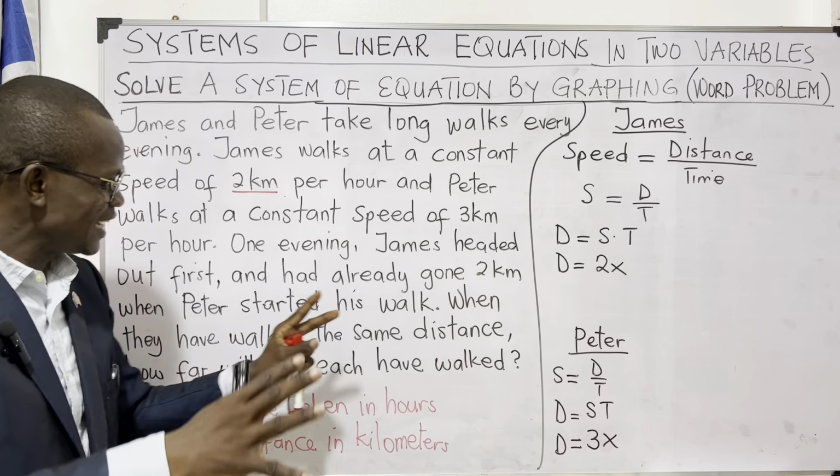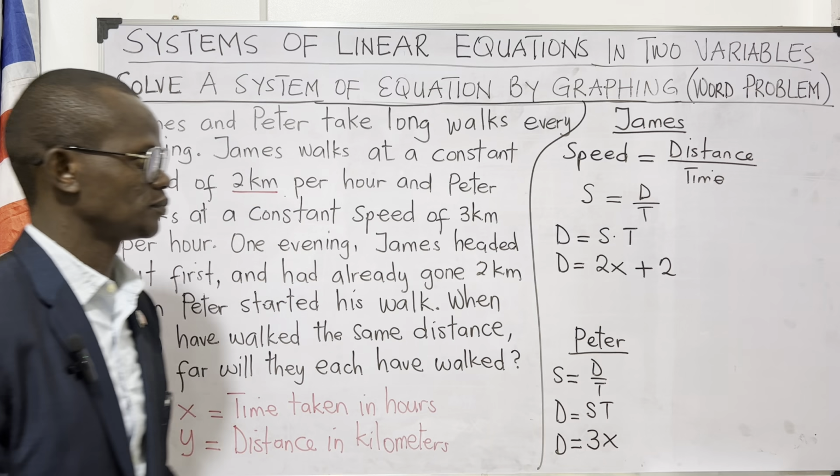They did not say he had a speed. So his additional distance was just equal to 2 kilometers. So we can add it to the 2X, because it is not the speed, it is just the distance.